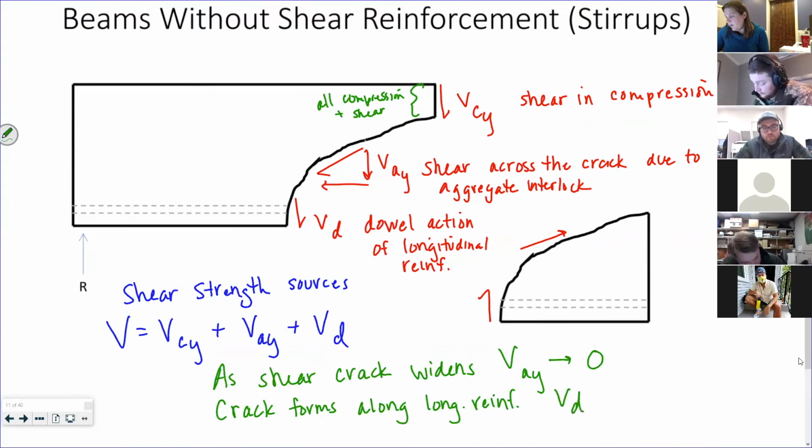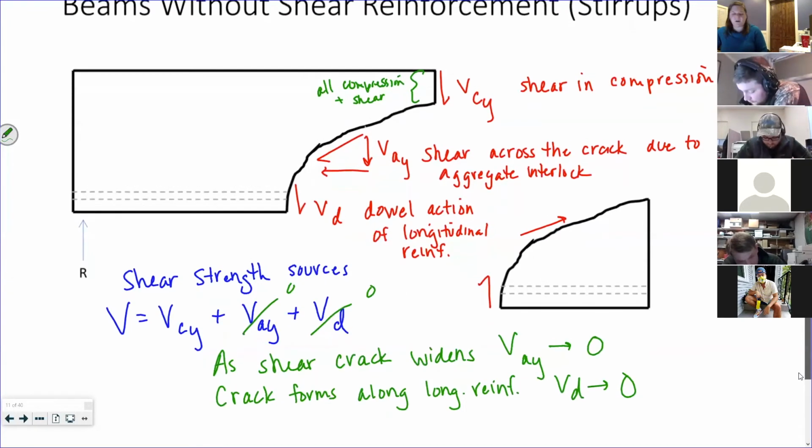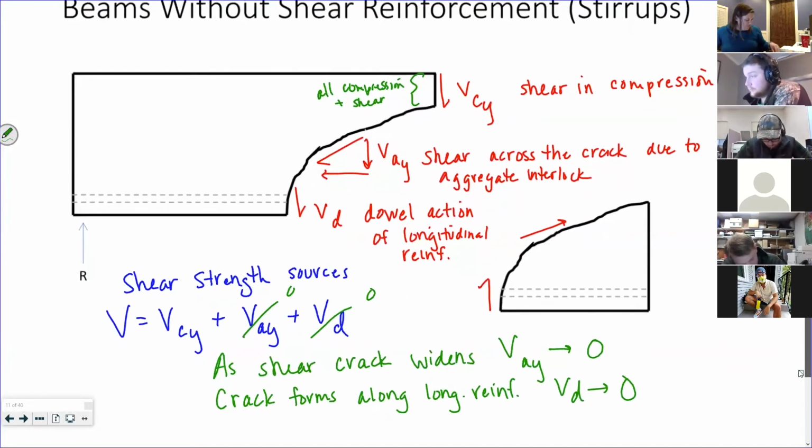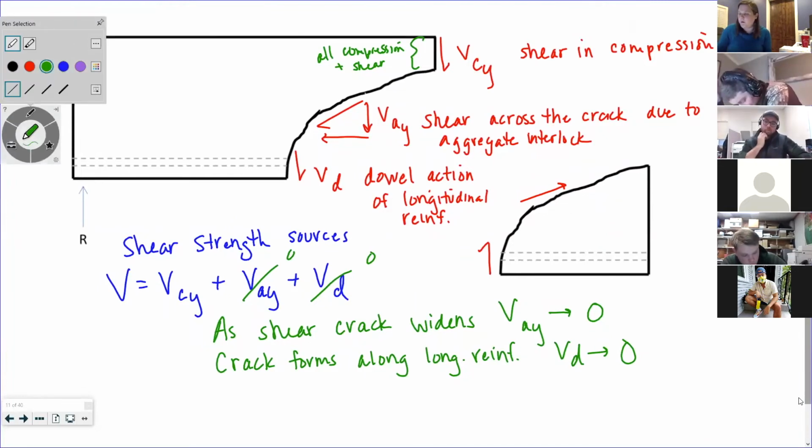So that shear strength goes to 0. And I'm left with only the shear in my compression zone.